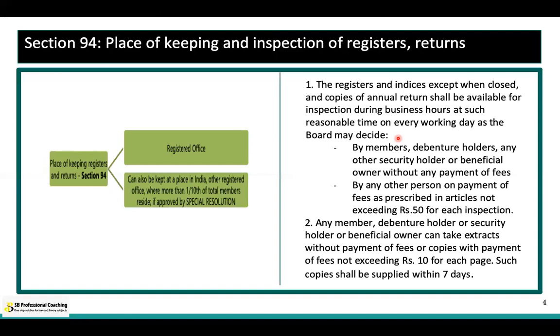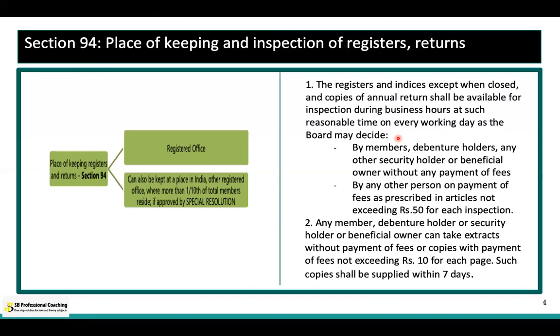So extracts are free, but if you require a copy, you will have to pay up to 10 rupees per page, whatever is decided by the board. Once an application is made with the prescribed fees paid by the member, debenture holder, security holder or beneficial owner, such copies shall be supplied within 7 days. I hope this point is also clear.